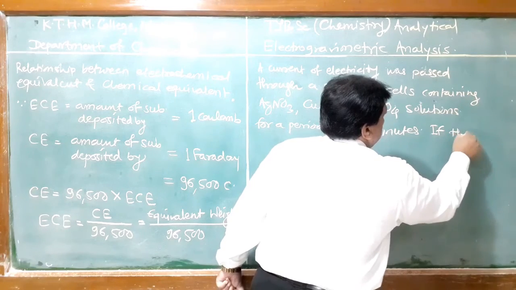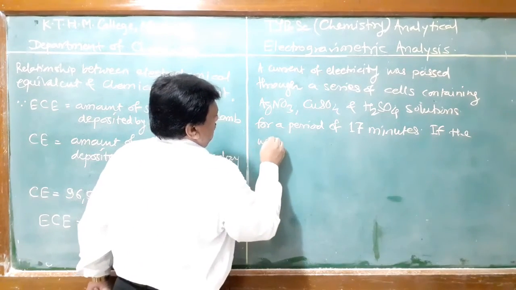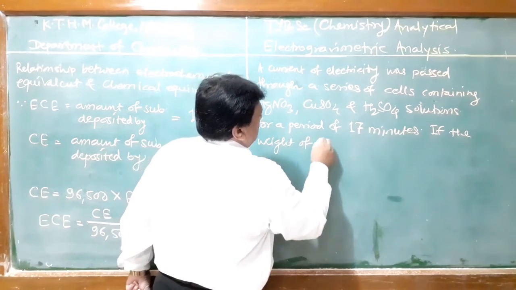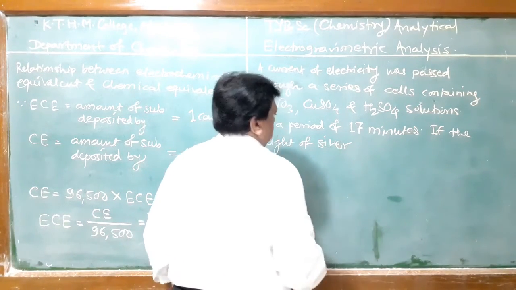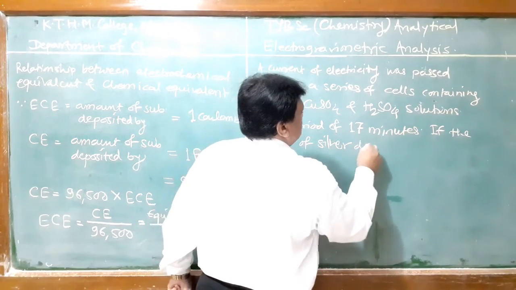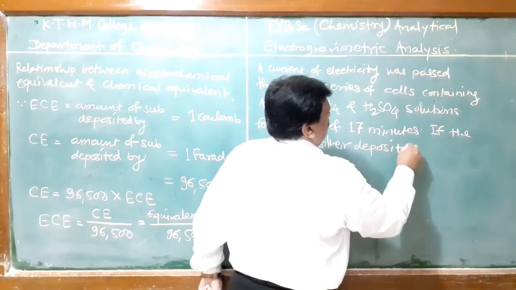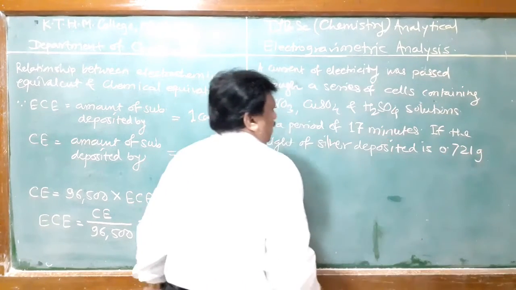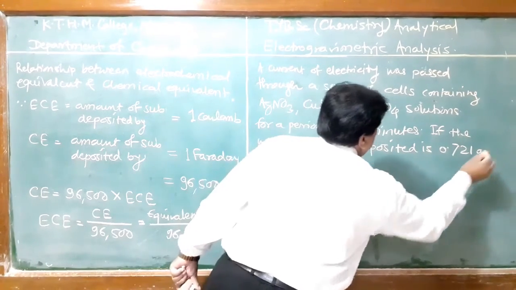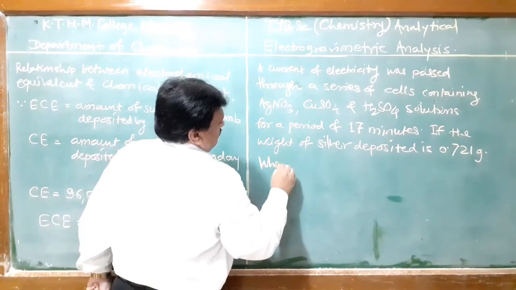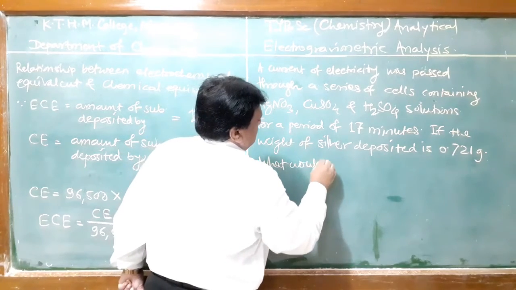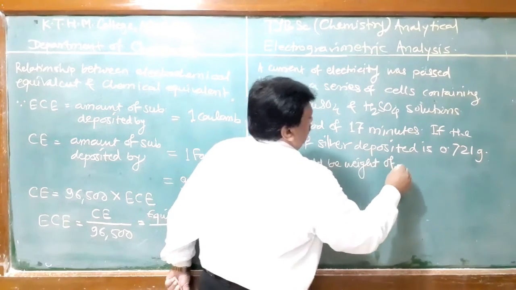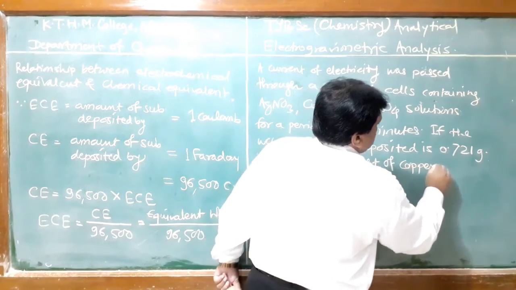If the weight of silver deposited is 0.721 gram, what would be the weight of copper deposited?